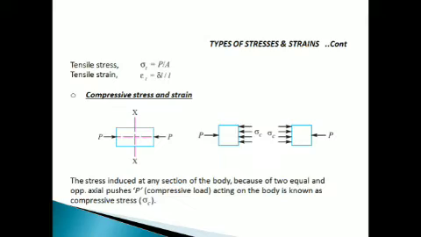It can be defined as the stress induced at any section of the body because of two equal and opposite axial pushes.